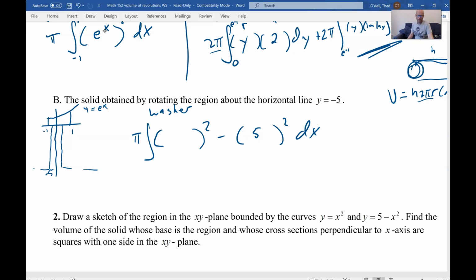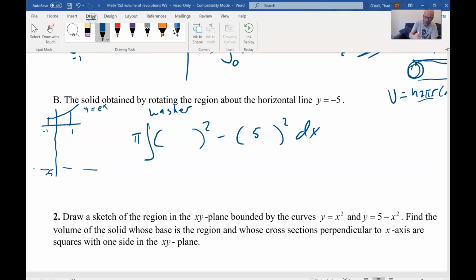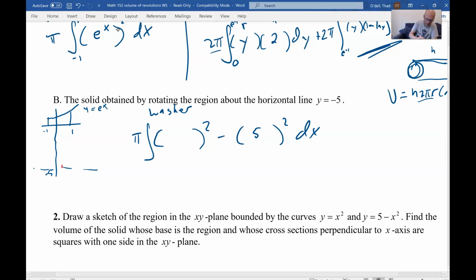And the big R is going to be, let me erase my 2. The big R, if we grab a different color real quick. The big R, one example would be this guy. Another example would be this guy. So notice the big R is being determined by that line.